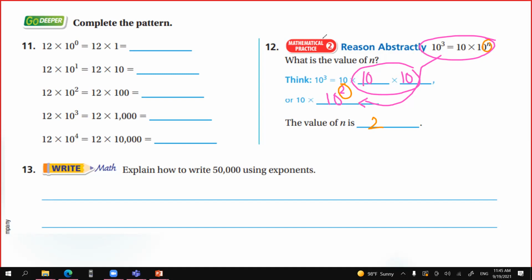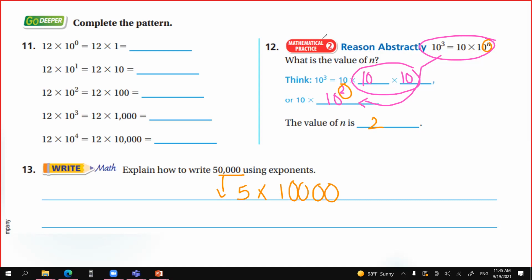Now look at the last one. Explain how you can write 50,000 using exponents. Who can help? Let's solve it quickly. 50,000 is 50 times what? Oh, it's 5 times. Sorry. How many zeros? 4 zeros.